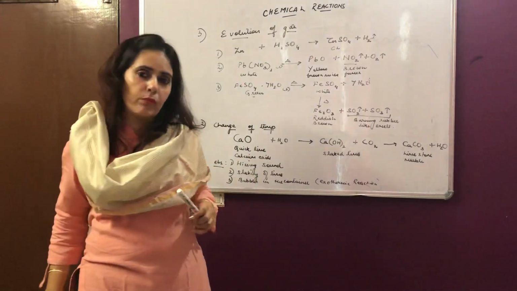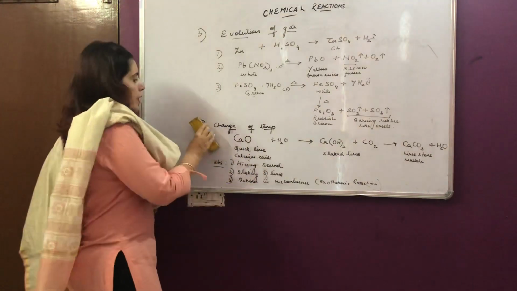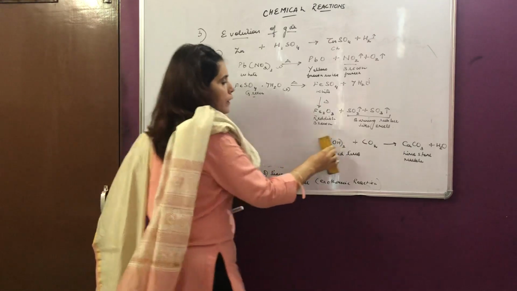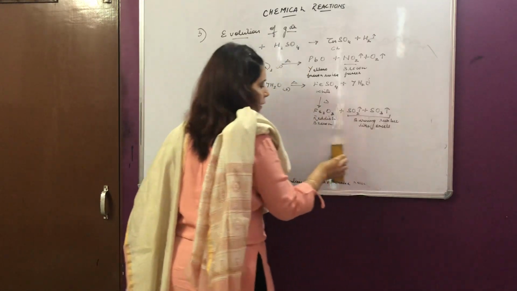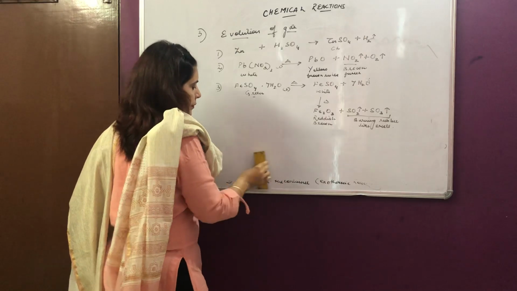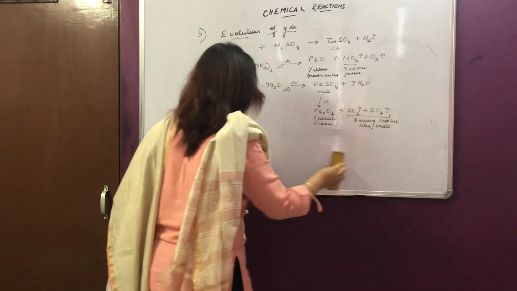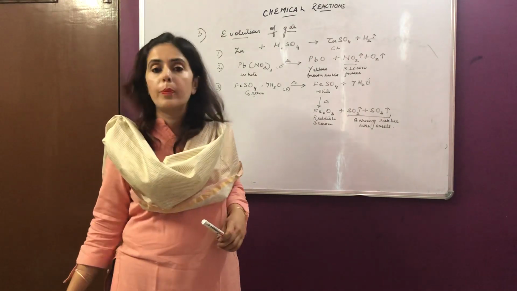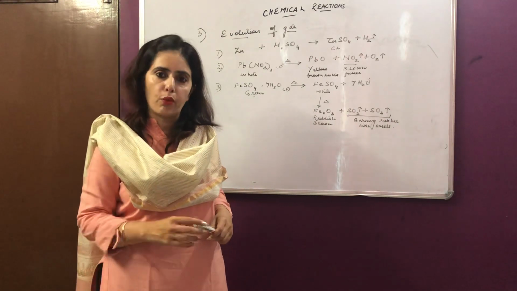So now let us come to the last topic of the day, that is change of color. See, there is a very fine hairline difference between what is a precipitate and what is a residue.